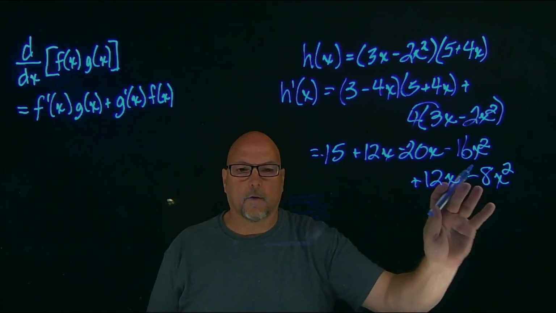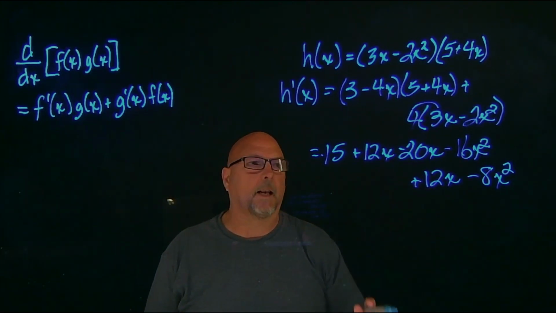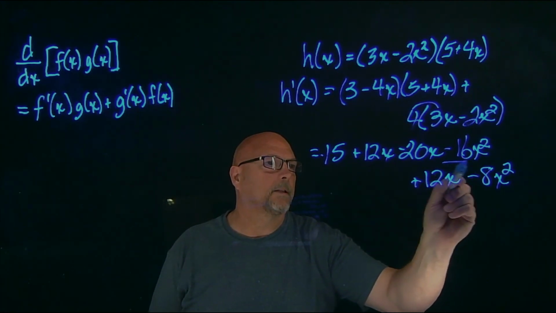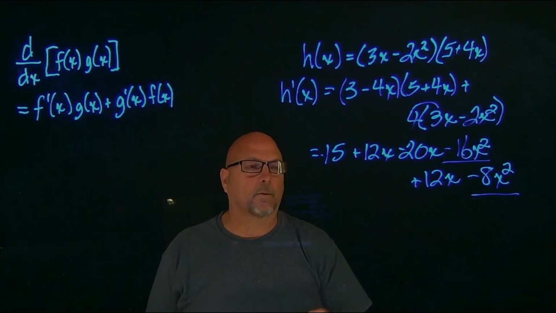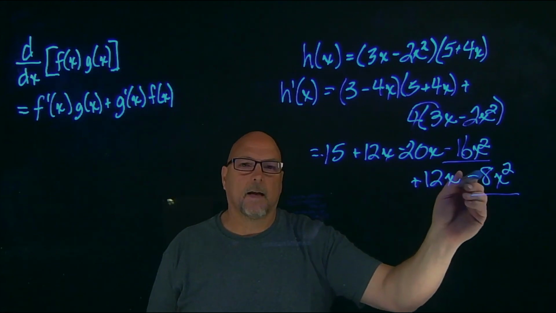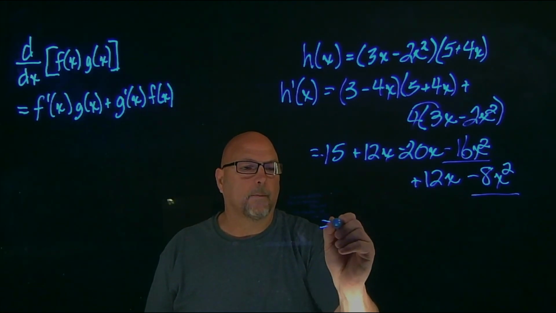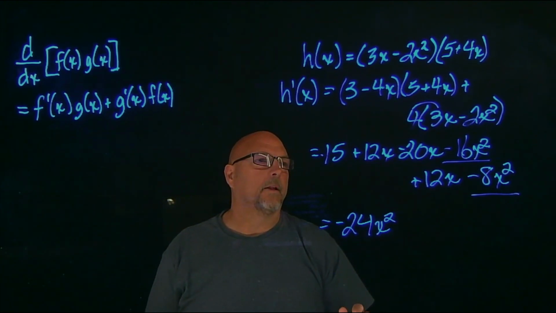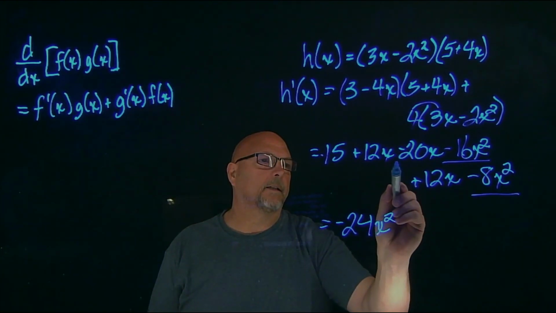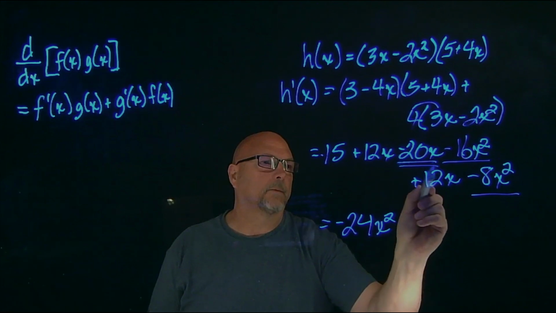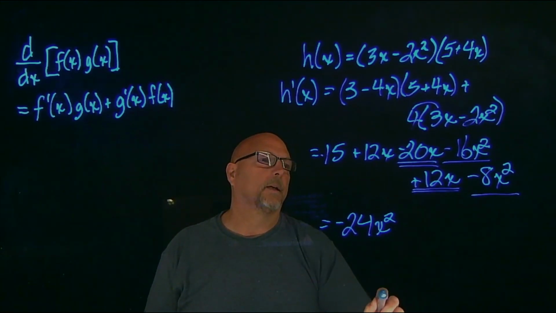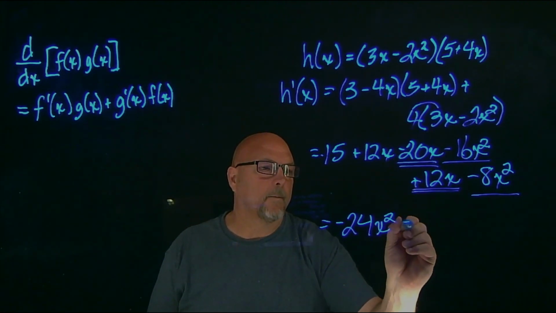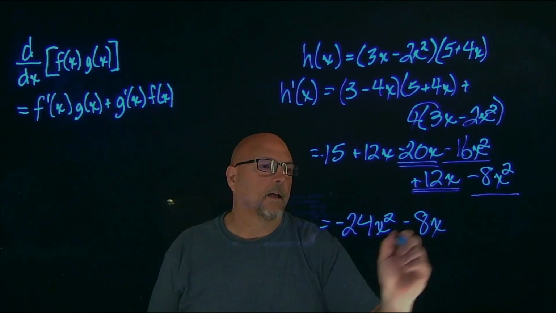So now I could go through and simplify by combining my like terms. I'll start with my x squared terms. Negative 16 and negative 8 ends up being a negative 24x squared. Then we will combine our x terms. Negative 20x plus 12x, that ends up being minus 8x.